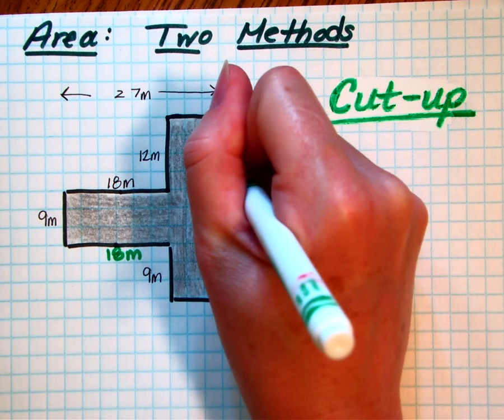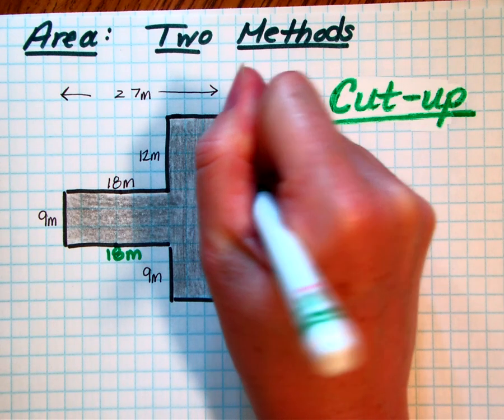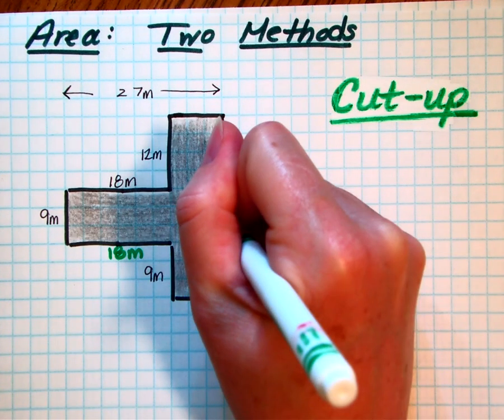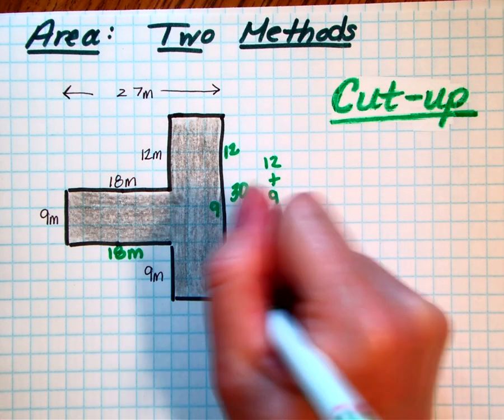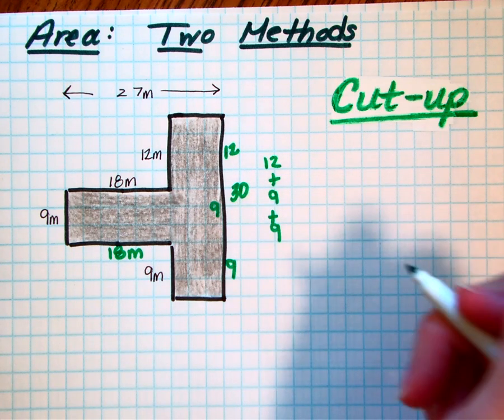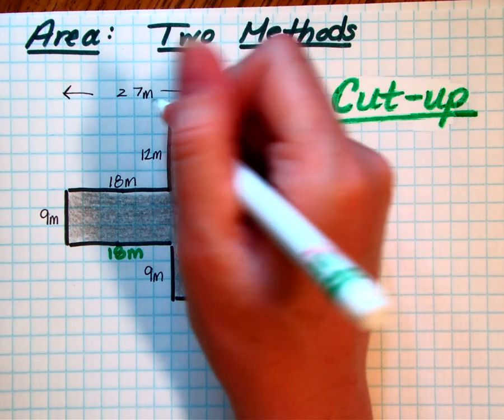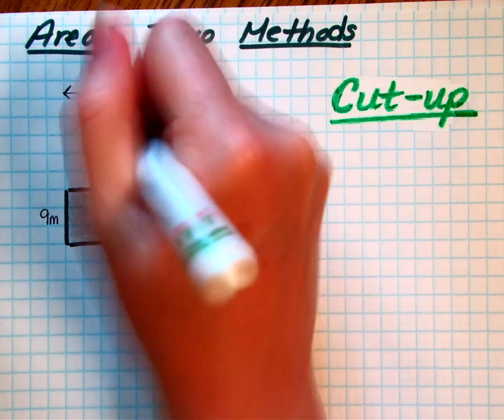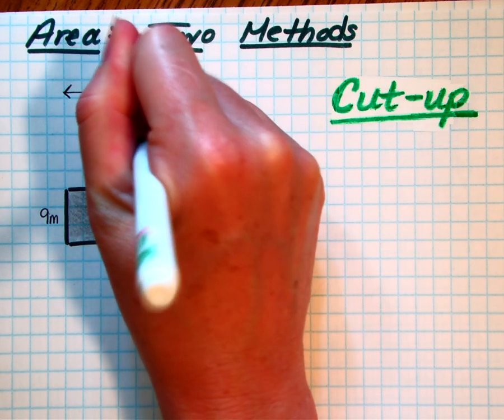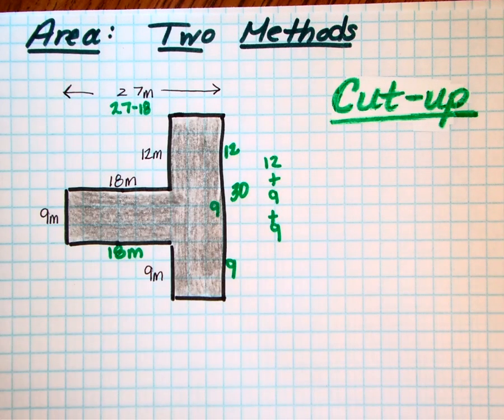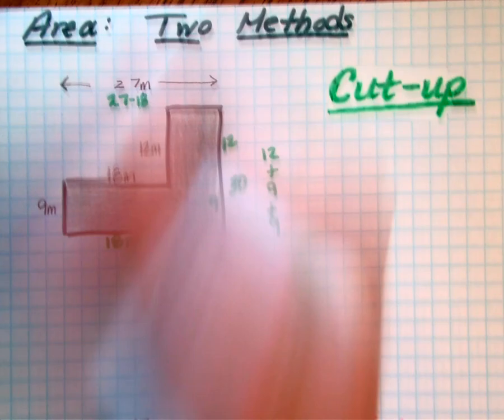But this part of it is 12. This part of it is 9. And this part of it is 9. So I have a lot of choices here. I do need this part, which would be 27 take away 18, which is 9.